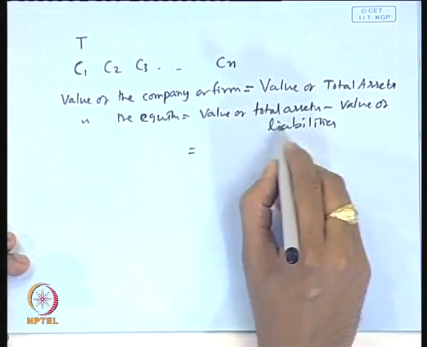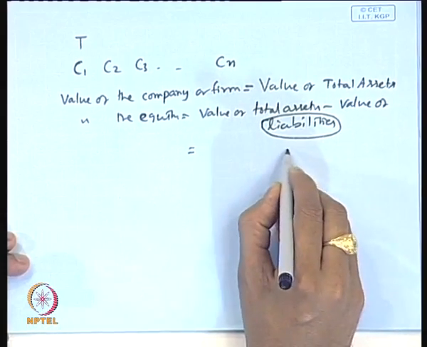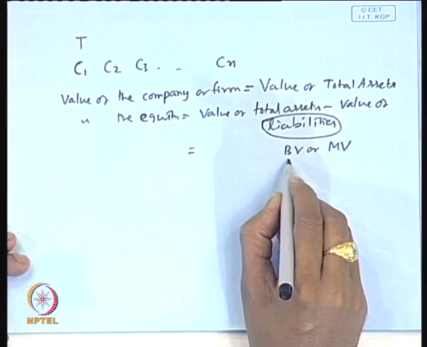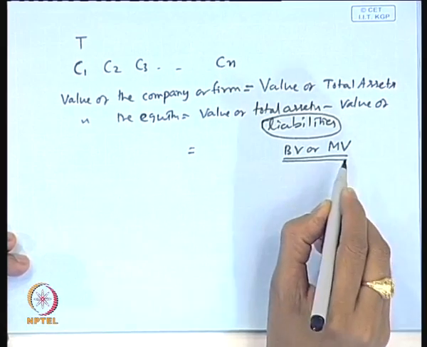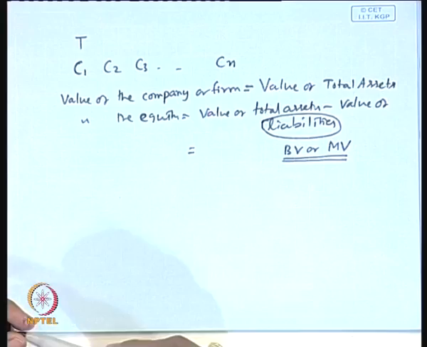When you come to the value of liabilities, the question arises: should you take the book value or market value? The major problem with the market value of debt is that for many companies it may not be available.